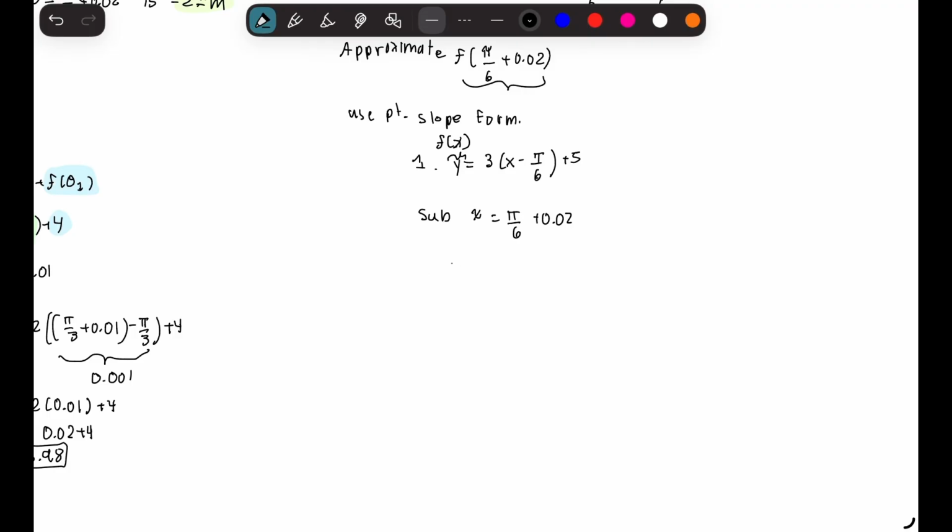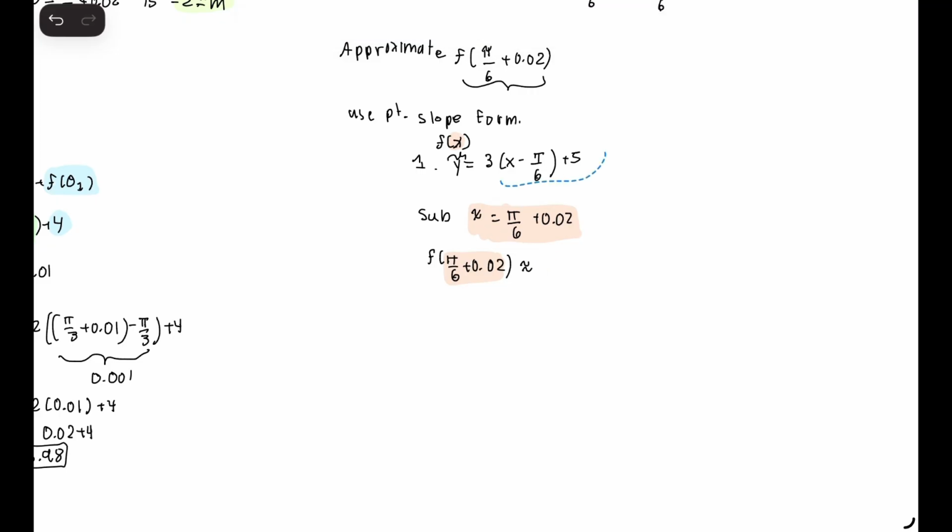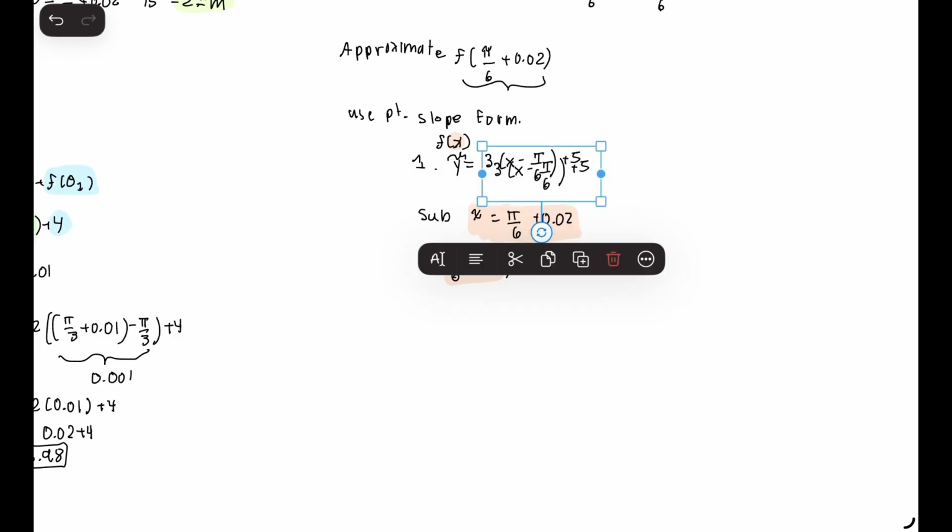So we can write this as f of pi over 6 plus 0.02 is approximately going to equal this.